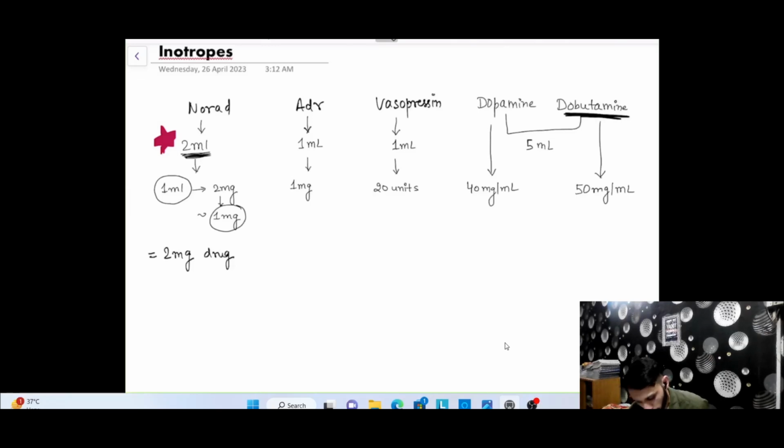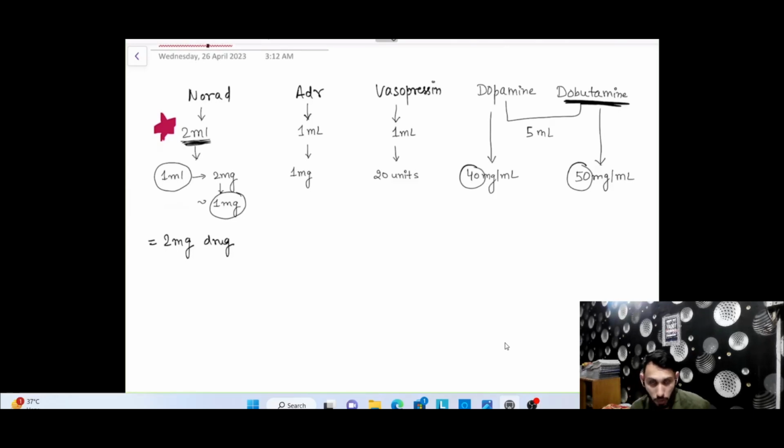So if one gets confused between dopamine and dobutamine, which has 40 and which has 50, it is very simple based on the number of letters present in them. But because they come in 5 ml ampules, the total amount of drug is 40 into 5, 200 mg in dopamine, and 250 mg in dobutamine.